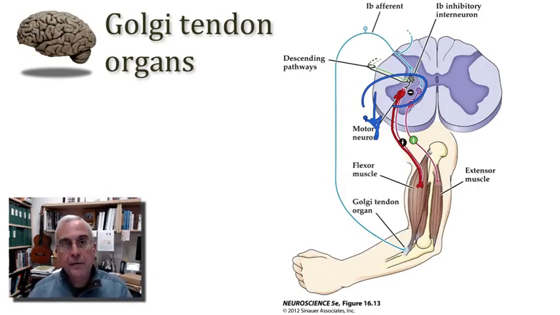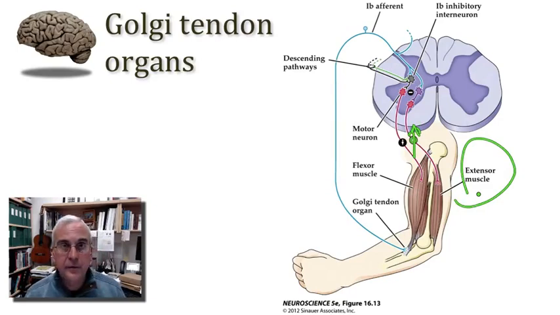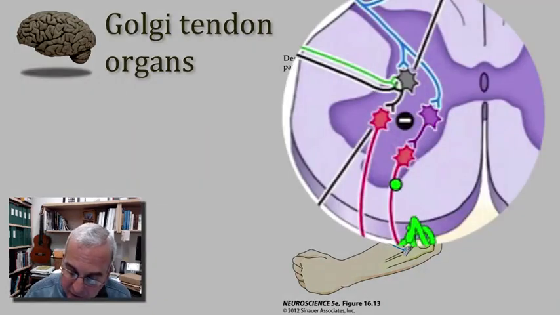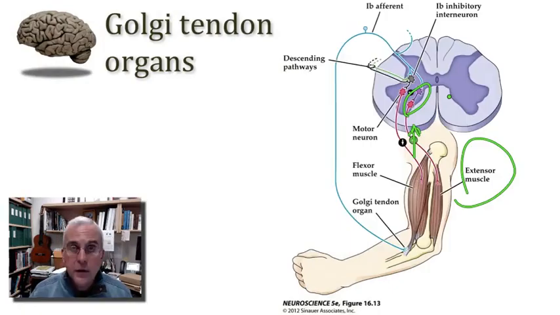Now, as usual, we have a pattern of reciprocal innervation, such that as we reduce the activity of the flexor muscle, we're going to actually increase the activity of the extensor muscle. And this will help stabilize the movement around this particular joint. And so this happens via disynaptic excitation of the alpha motor neuron that innervates the extensor muscle. So in both sets of alpha motor neurons, we have an interneuron interposed between the incoming 1B sensory signal and the alpha motor neurons.